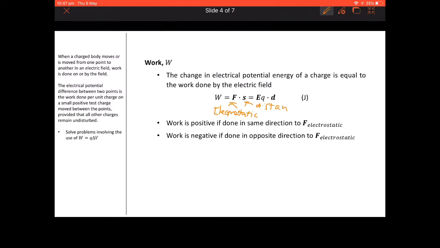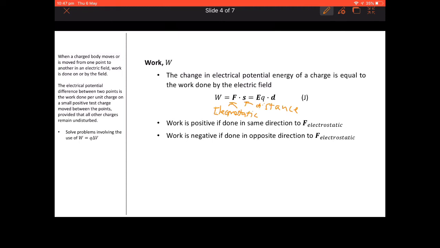So what I mean by that is the distance away from where the charge wants to be at the oppositely charged plate.